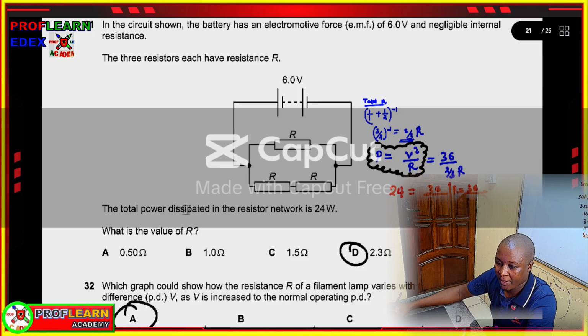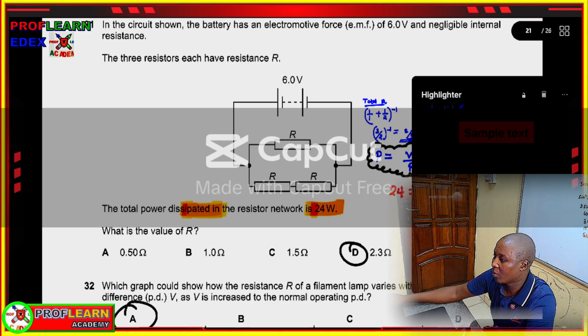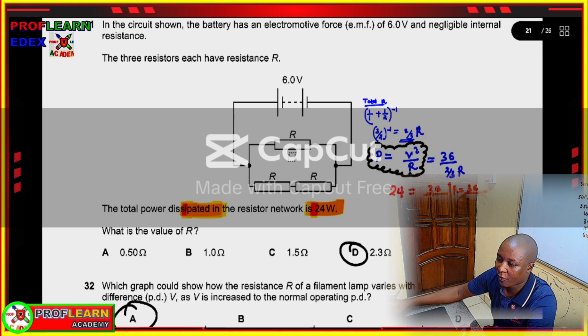The total power dissipated in the resistors is 24 watts. So what are we going to do in order to get the answer to that? First we need to work out the total resistance of the circuit. These two are in series, so we can combine them.